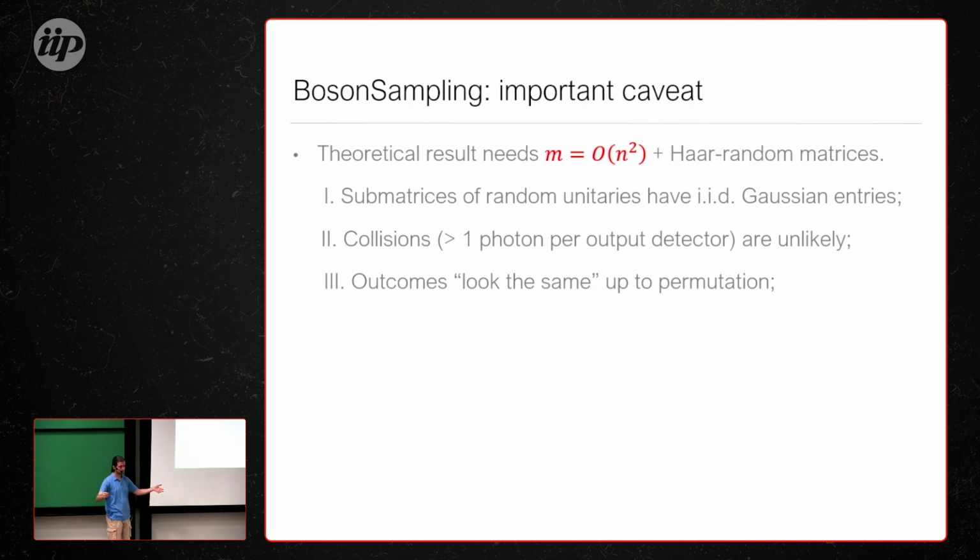You can prove that. Technologically, this is good because it's much, much easier to differentiate between zero photons and a single photon than it is to differentiate between a single photon and two photons. Differentiating between a single photon and two photons is a completely different level of technology. So these collisions for experimentalists back in 2012 were really bad.